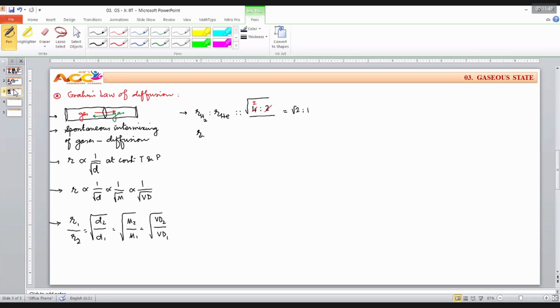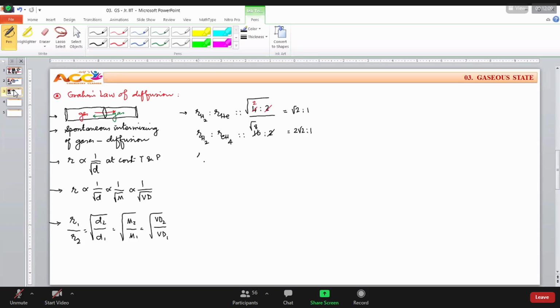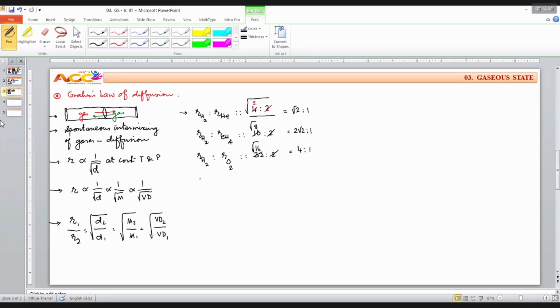Suppose you say, no, no, sir, rate of diffusion of hydrogen to rate of diffusion of methane. What to do? Very simple, sir. 16 is to 2. Apply root. No, no, no, no. Example is rate of diffusion of hydrogen to rate of diffusion of oxygen. No problem, sir. Rate of diffusion of helium to methane.